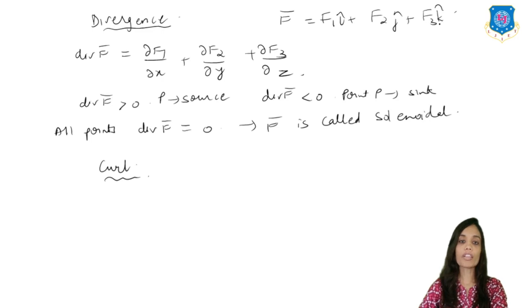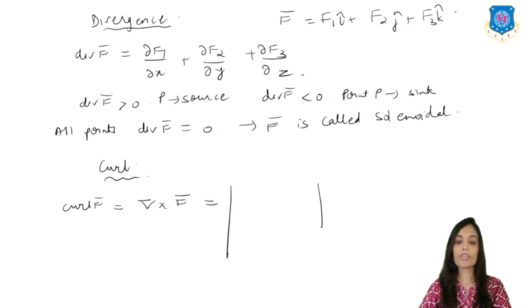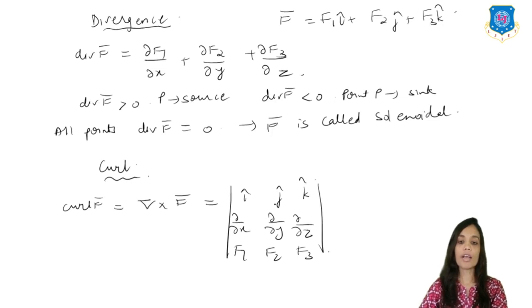Now we have studied the next definition, curl. If you are given a vector field f bar, curl of f bar is defined as del cross f bar, and that is equal to i cap, j cap, k cap, del by del x, del by del y, del by del z, f1, f2, f3. You have to solve this determinant and find the answer.